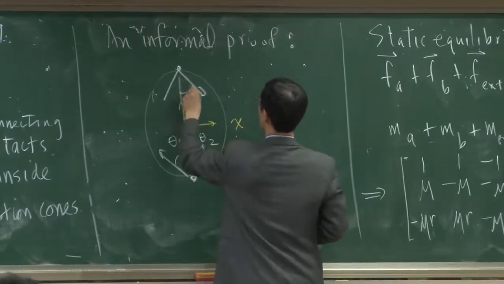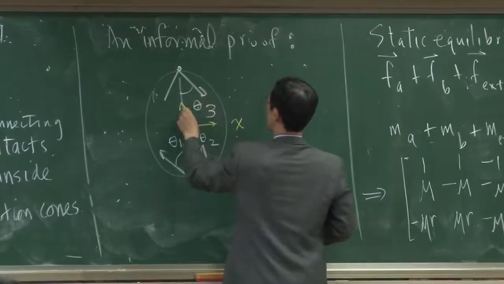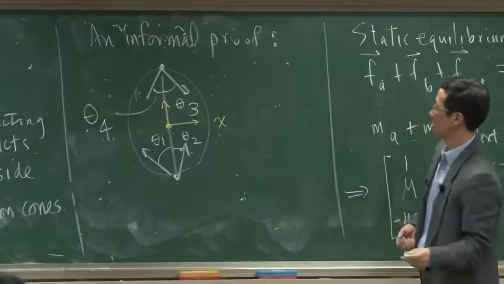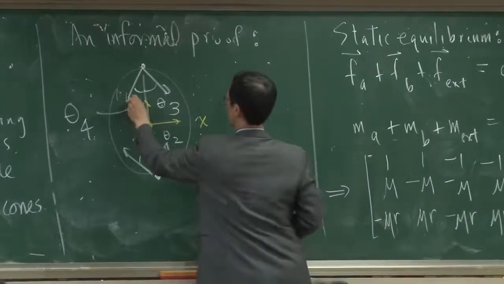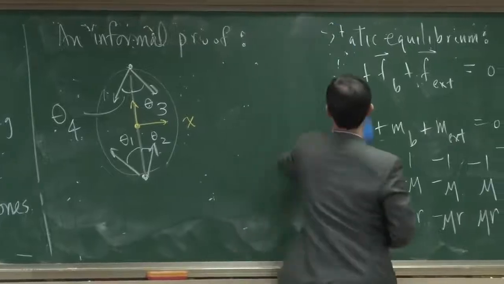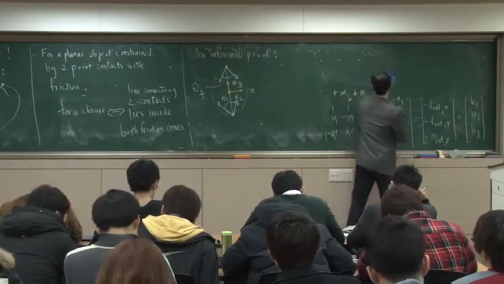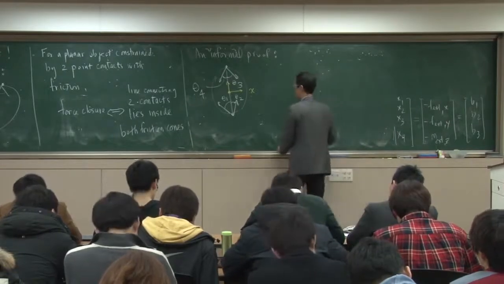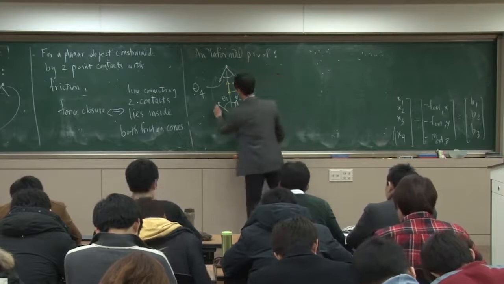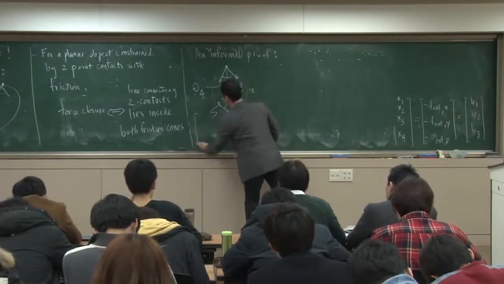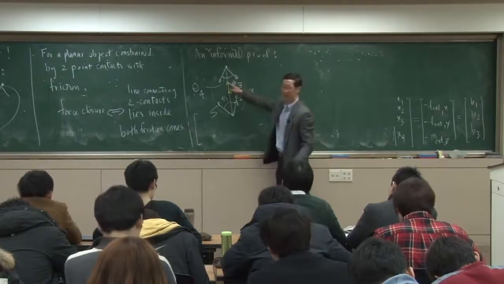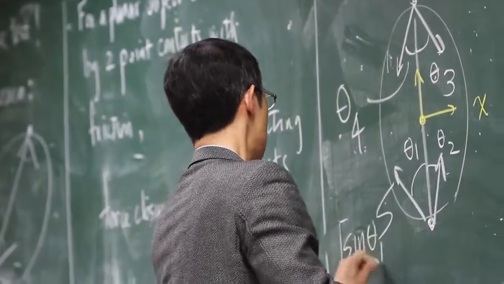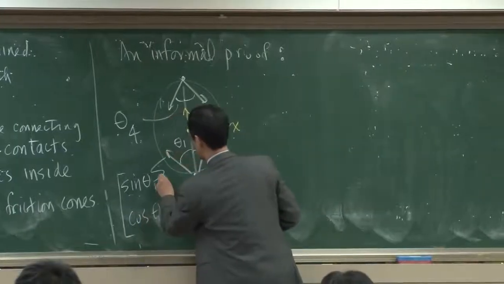theta 2, theta 3, theta 4. So we have 4 directions. With x and y defined in this way, this will be sine theta 1, cosine theta 1.